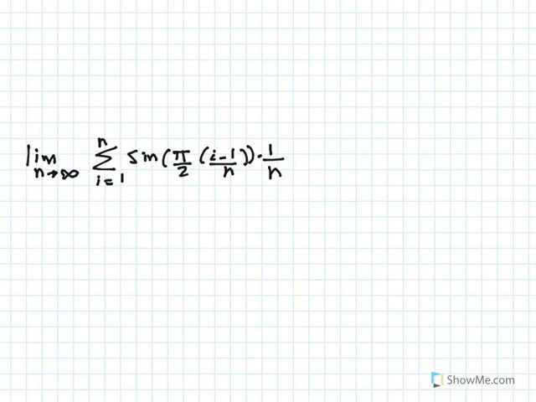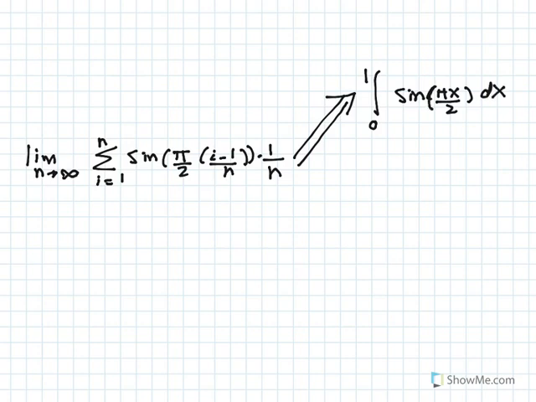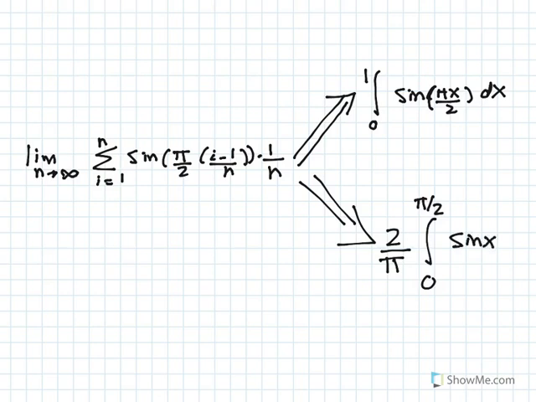This is the left-hand Riemann sum that we were given. And we transformed it into two separate definite integrals with different limits of integration and also different functions. So we transformed it into the integral from 0 to 1 of sine of pi x over 2 dx. And we also transformed it into 2 over pi times the integral from 0 to pi over 2 of sine x dx.